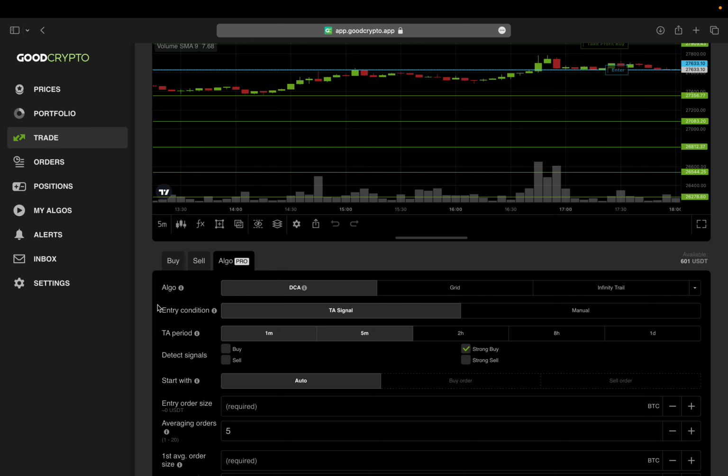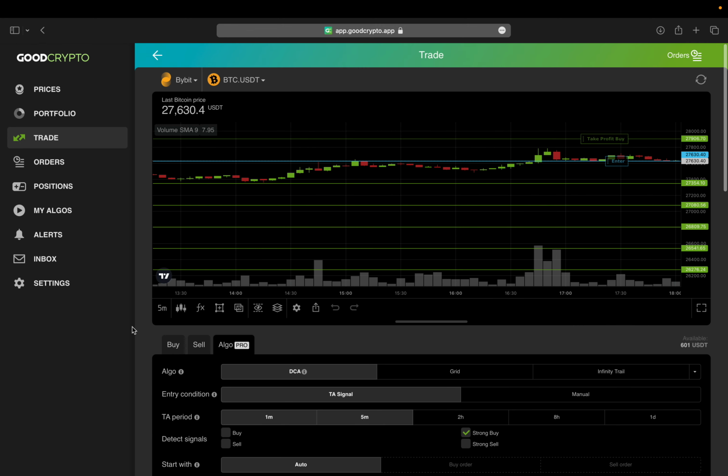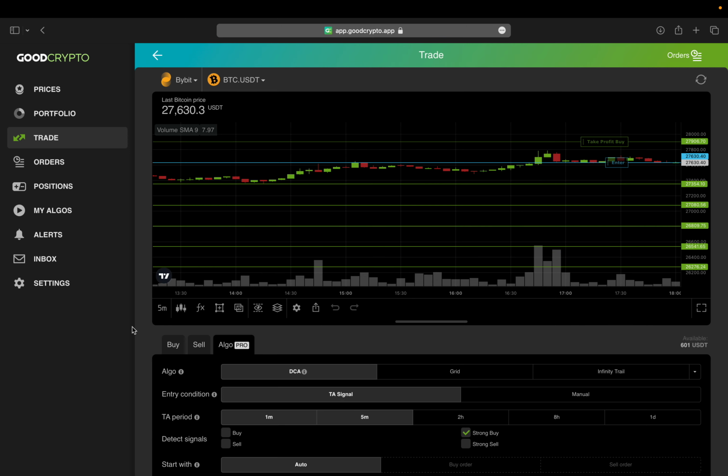There are a lot of moving parts here, mainly the number of averaging orders, the distance between them, and their size, because there are several major strategies of trading with DCA. You probably heard at least about one of them, which is called martingale, which comes from gambling, where you basically double the size of your averaging order with each level.